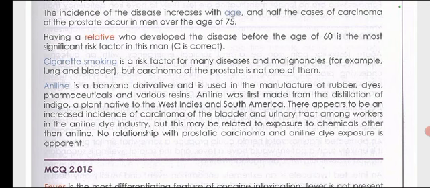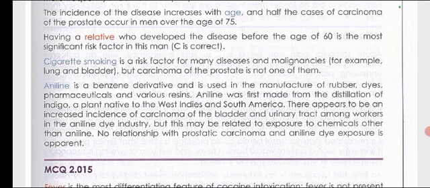Aniline was first made from the distillation of indigo, a plant native to the West Indies and South America. There appears to be an increased incidence of carcinoma of the bladder and urinary tract among workers in the aniline dye industry, but this may be related to exposure to chemicals other than aniline.